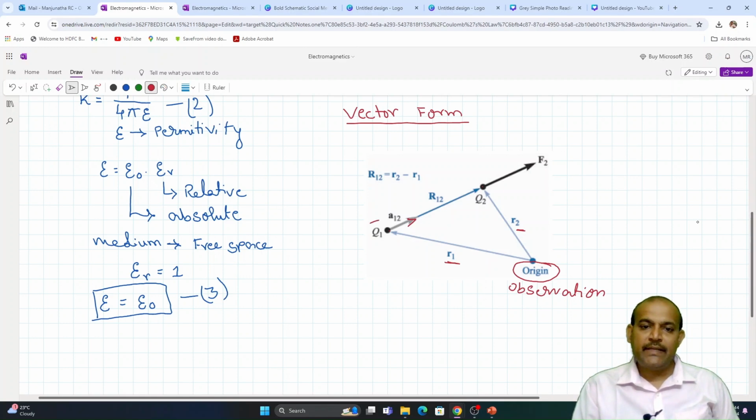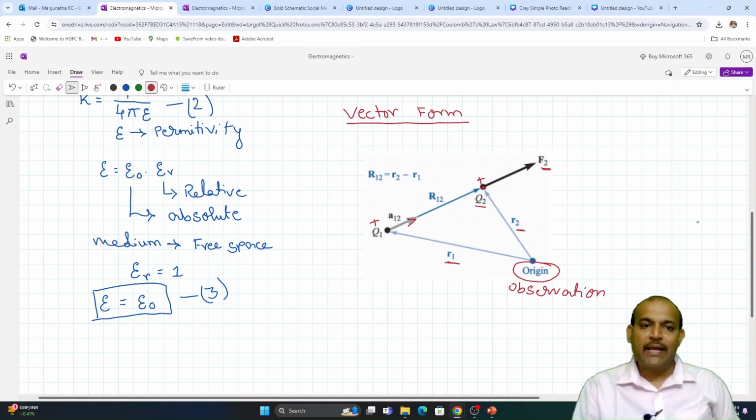Consider a positive charge q1 here and similarly a positive charge q2, and I am finding the force F2 at charge q2 due to q1.